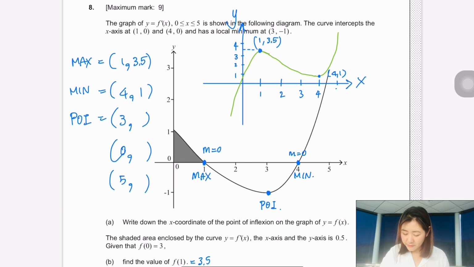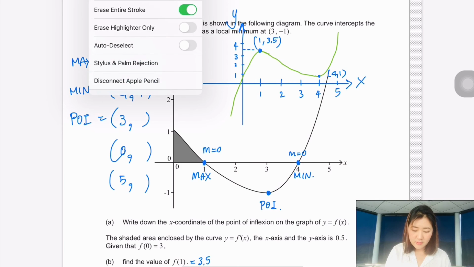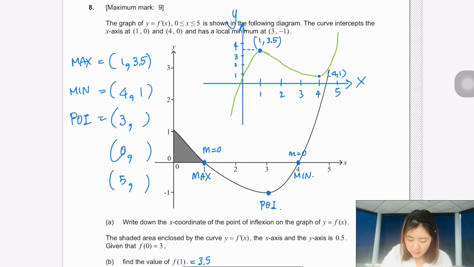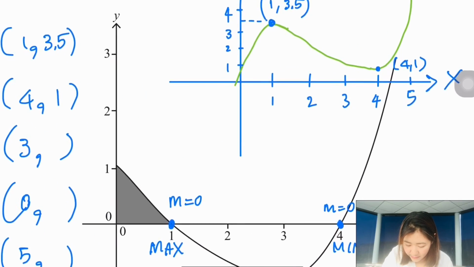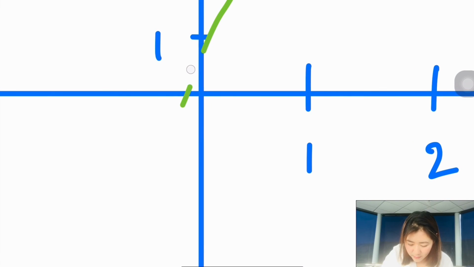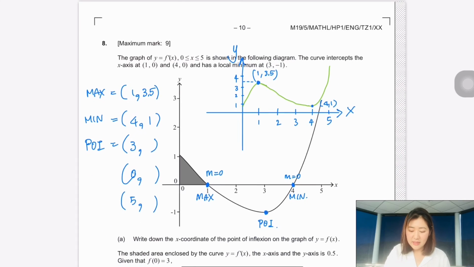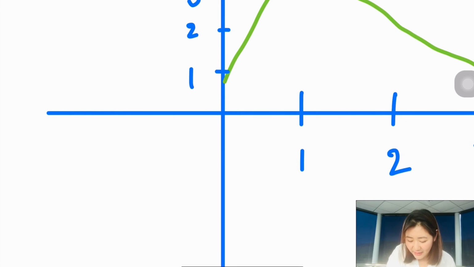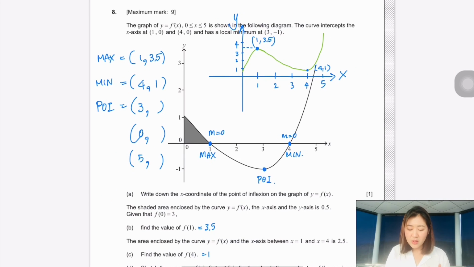We have to rub out the negative graph here, the part beyond 0, not the entire stroke. So here, rub it out. Let me be clear, we don't actually know where the y-intercept is, so you just write it roughly. It's just a rough graph here. Perfect.